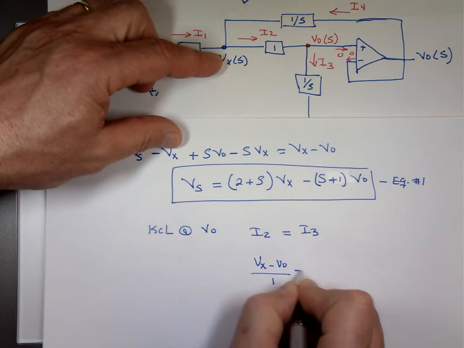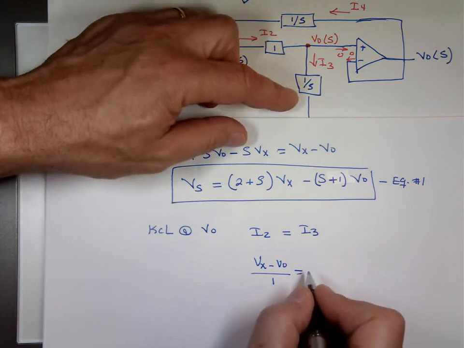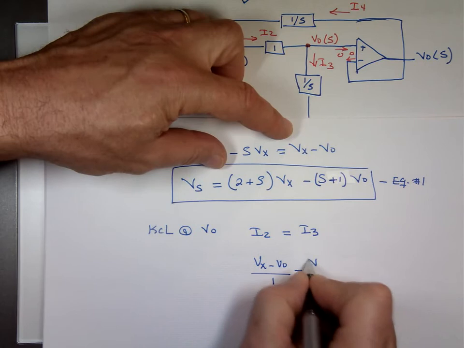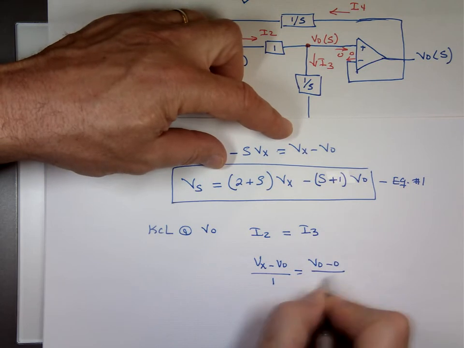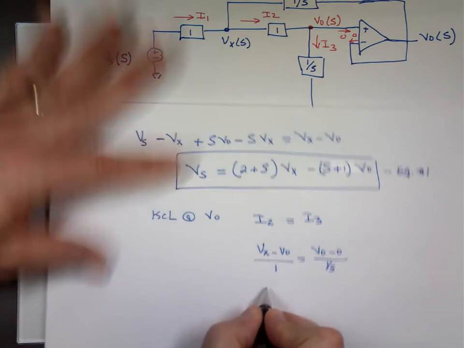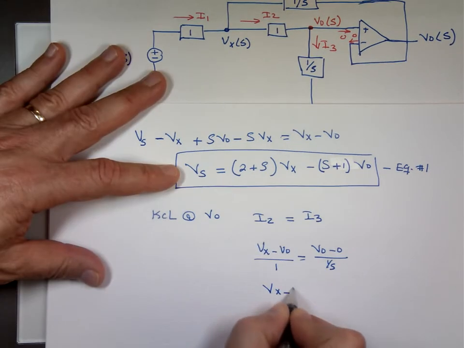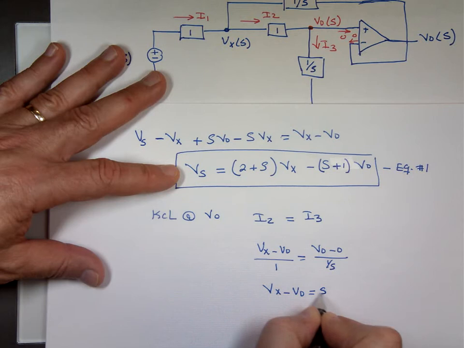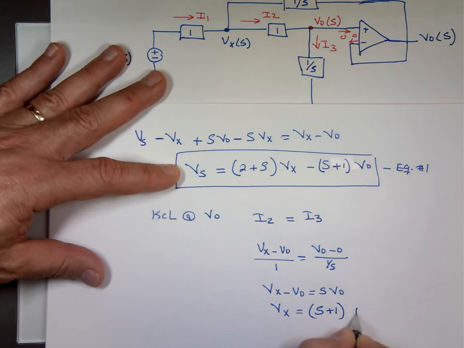And I sub 3 is what? V out minus 0 over 1 over S. So you get Vx minus V out equals S V out. Vx equals S plus 1 times V out. And that's your second equation.